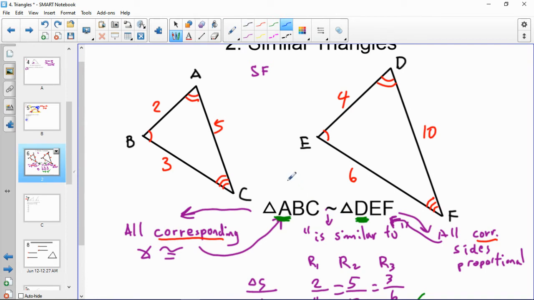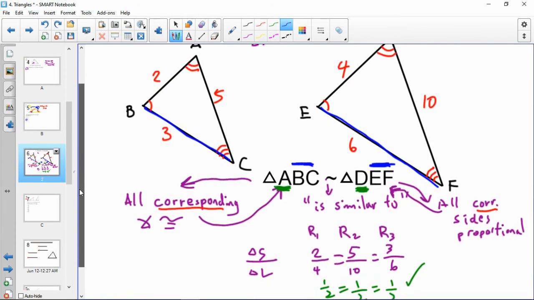If I say BC is proportional to EF, you can tell that BC is the second and third letter, just like EF is the second and third letters of their own triangle. So then those sides are also corresponding. So if they give you a similarity or congruent statement, the corresponding points are already made for you.